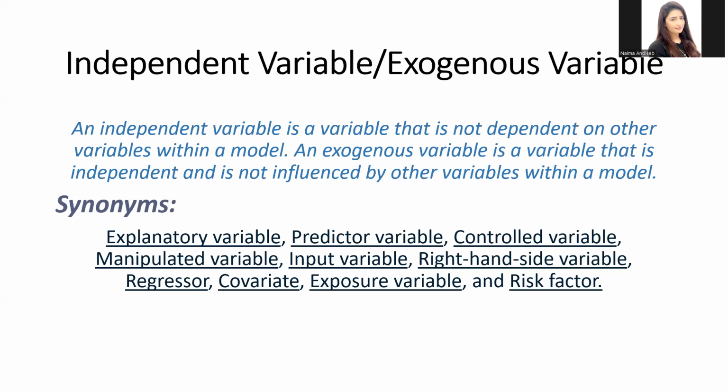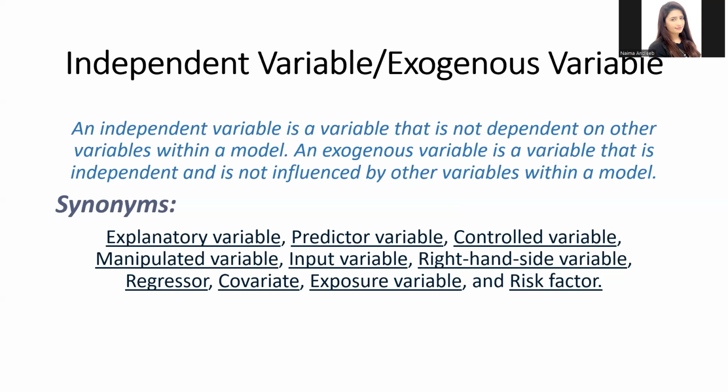Now, independent variable or exogenous variable. Let's begin with the definition of independent variable or exogenous variable. Then we will get clarity on what an independent variable is and what its role is in our research. An independent variable is a variable that is not dependent on other variables in the model.